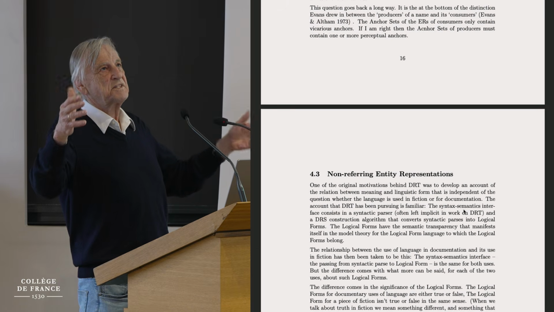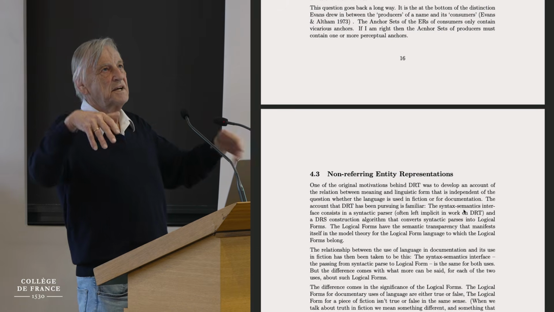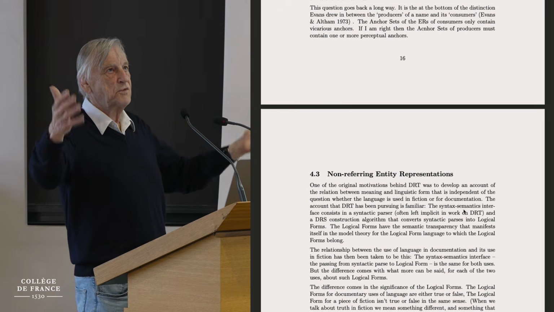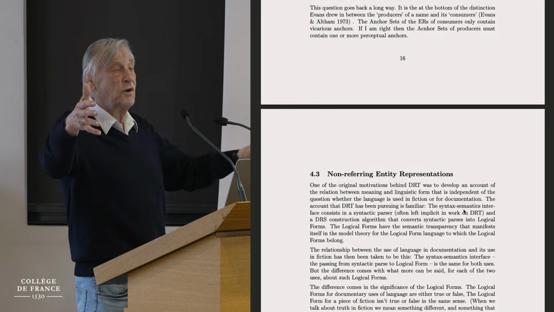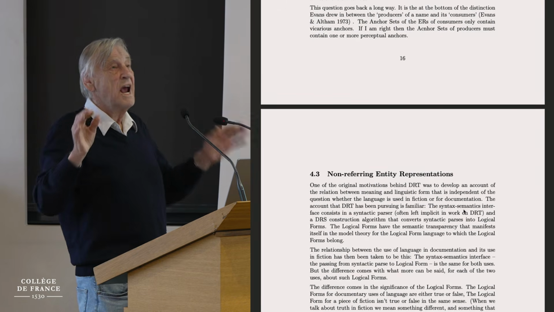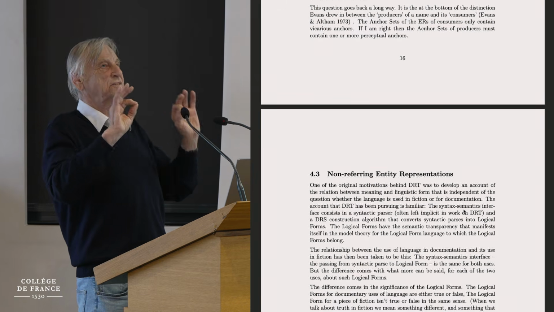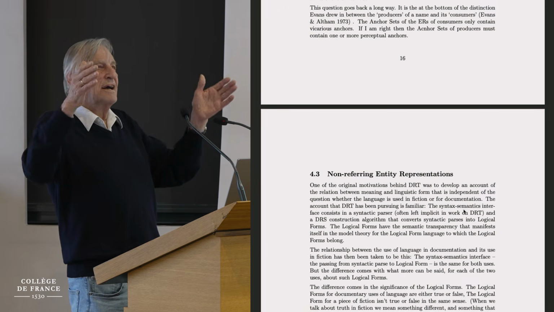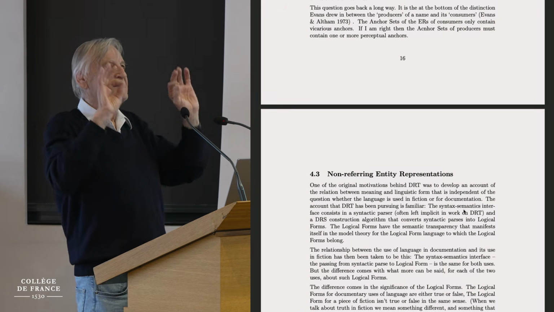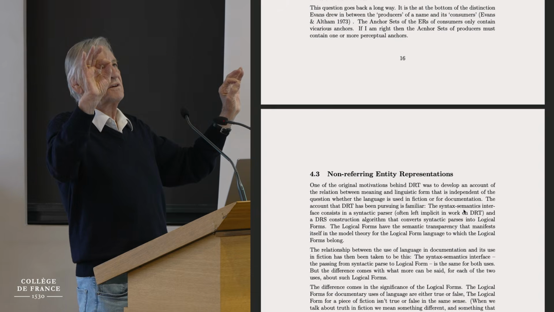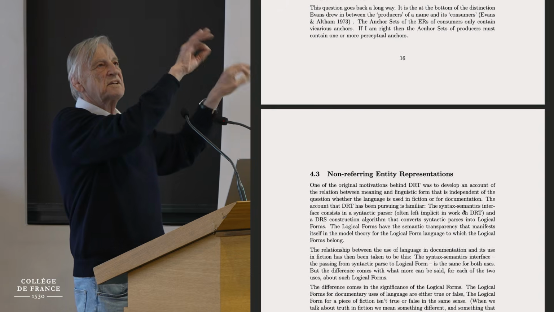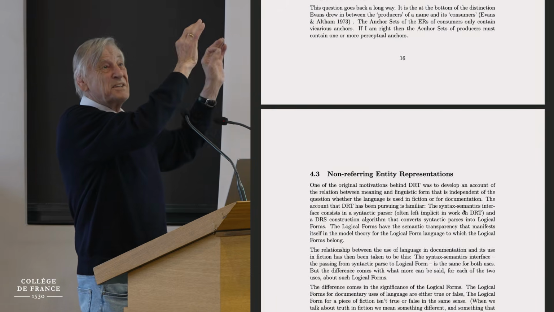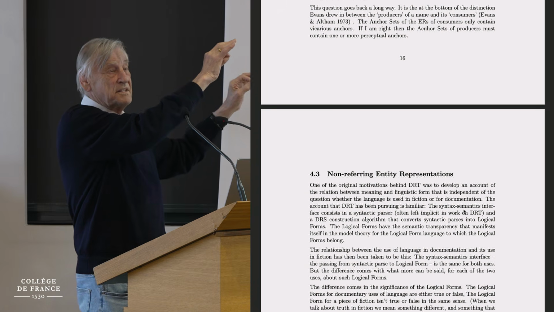So we need, in other words, also pseudo-entity representations. These are the ones that occur in the logical forms that people construct for mythological and fictional texts, and the pseudo-vicarious anchors that connect such pseudo-ERs with, in the case of fiction, pseudo-ERs of others.